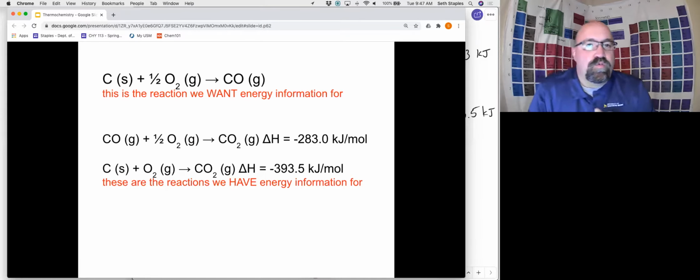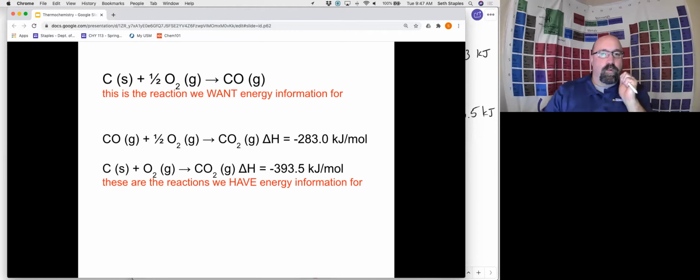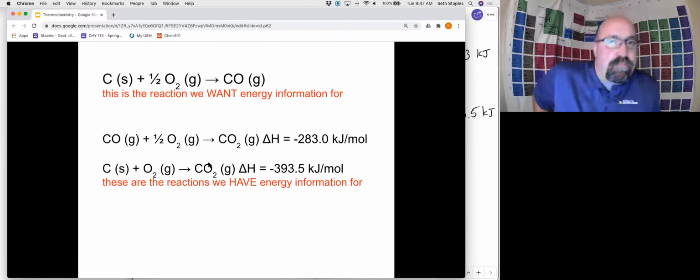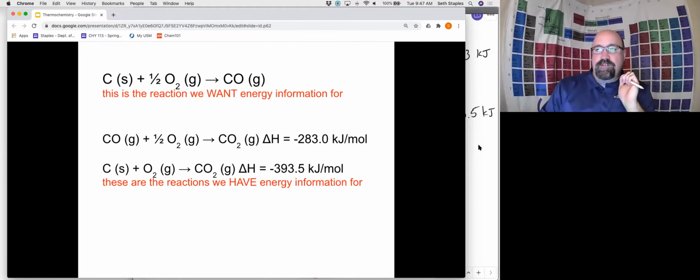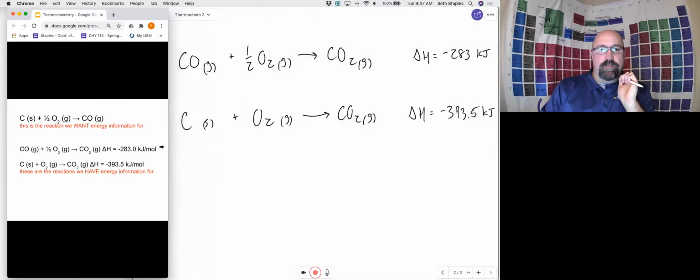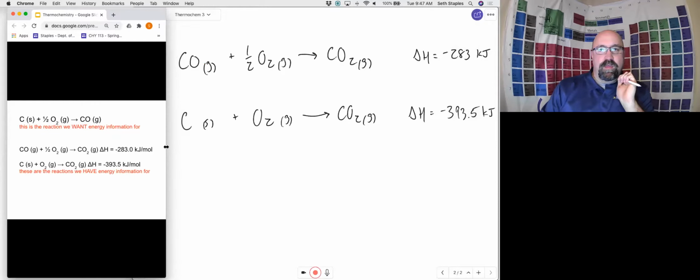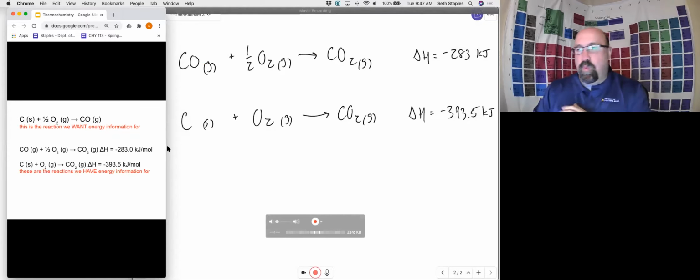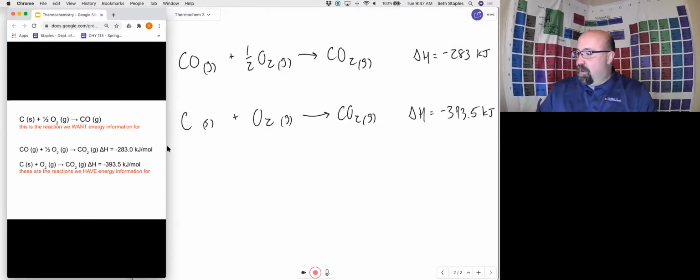Okay, so just a reminder, back to what we were looking at before. This is the information that we've got. We know the enthalpies of these two different reactions here. And so when you're setting up a Hess's law problem, what I would do is set up those equations like so, write out those equations with the energy differences, but leave some space in here because we might need to manipulate these equations a little bit.